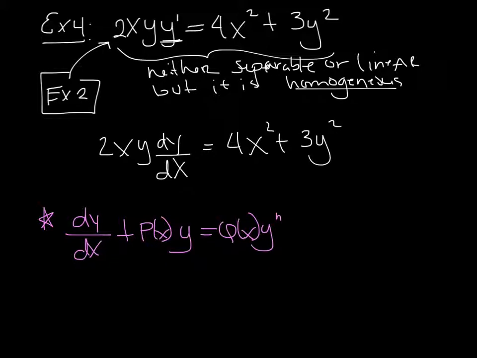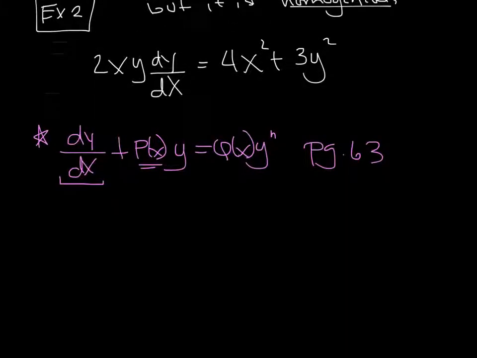So we want it to look like this form if we're going to use Bernoulli. So notice that we have our dy/dx plus some continuous function times y. So that's what I want to do in this case. So this is from page 63. So I'm going to go ahead and divide both sides by 2x y, because I want my dy/dx isolated.